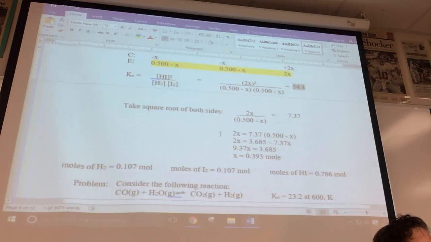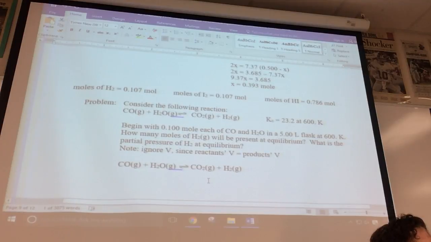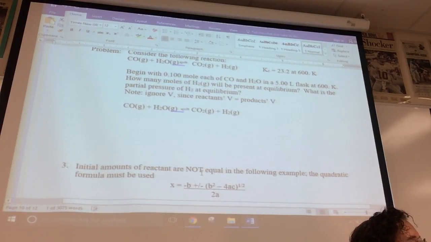At this point, you can cross multiply, solve for x, multiply it by 2 to get the equilibrium moles of hydrogen iodide, subtract it from each of these to get the equilibrium moles of each reactant. So let's take one from nothing and let's make it work.